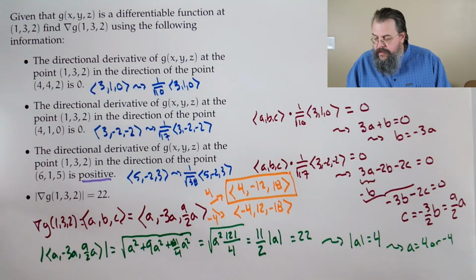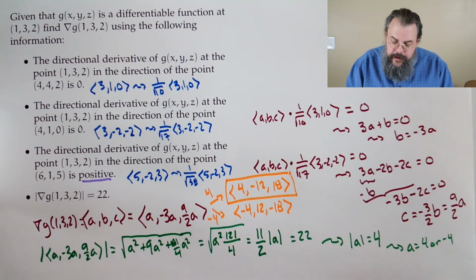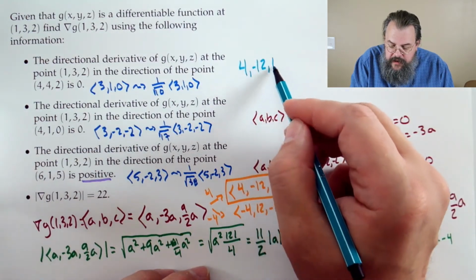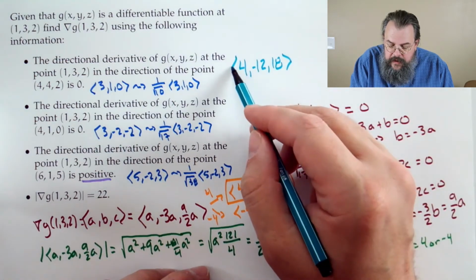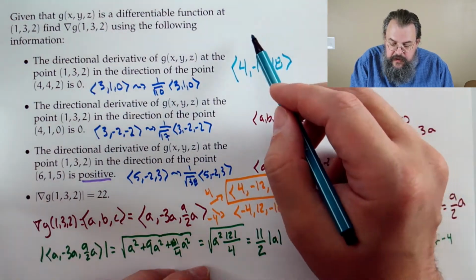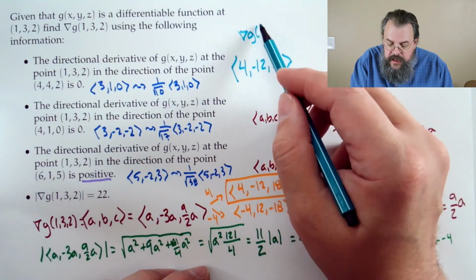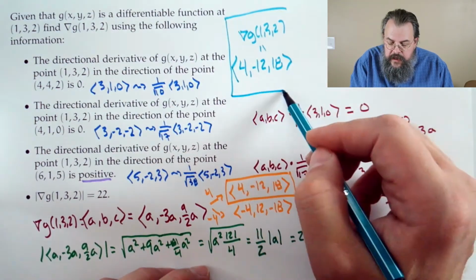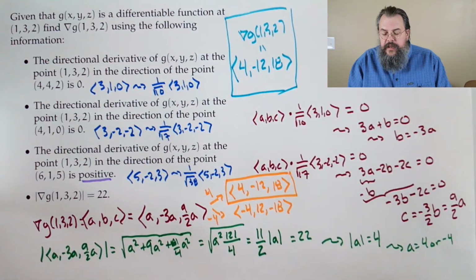All right, good. That was kind of crowded down there. I'm going to rewrite it up here, but not do anything else. That's our answer. So the gradient of g at 1, 3, 2 is equal to 4, -12, 18.